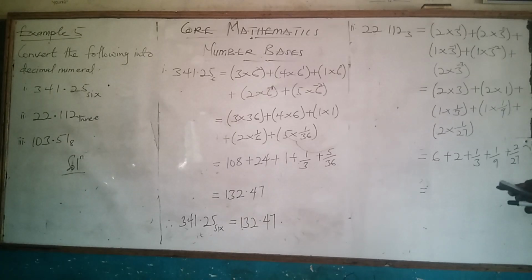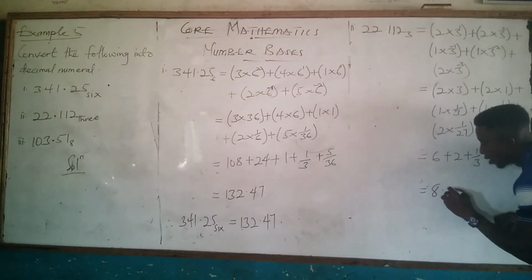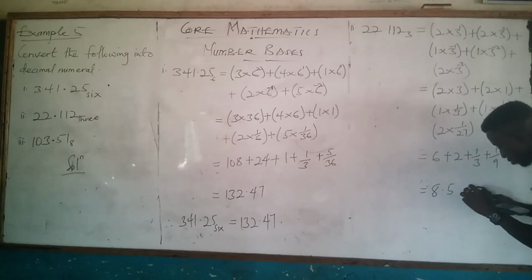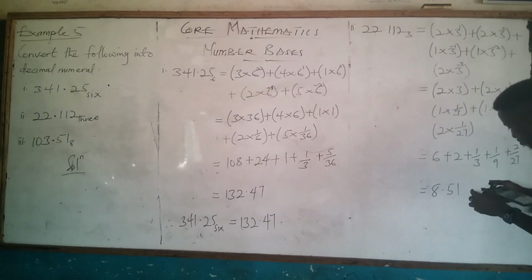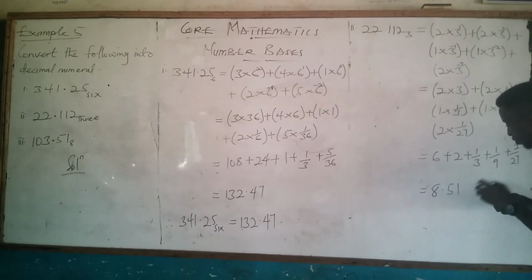So now when you put them on the calculator, it will be 8 plus 1/3 plus 1/9 plus 2/27, and you are getting 8.518. The next digit is more than 4, so we add 1 to the 8 to get 9.